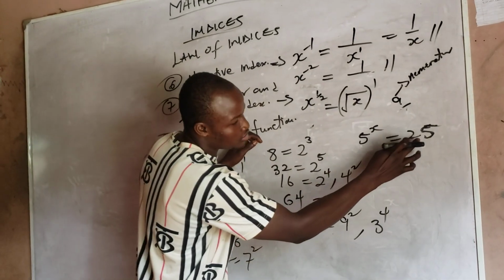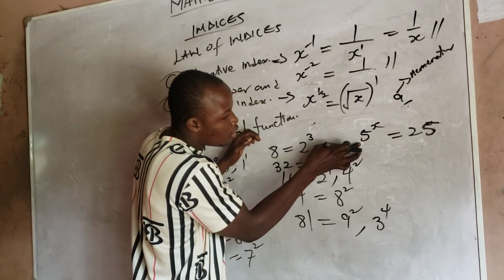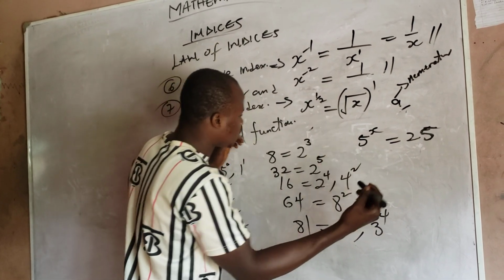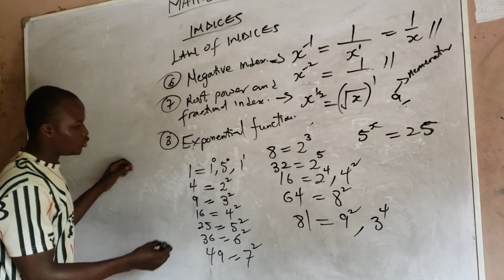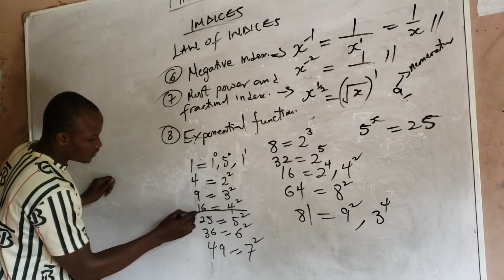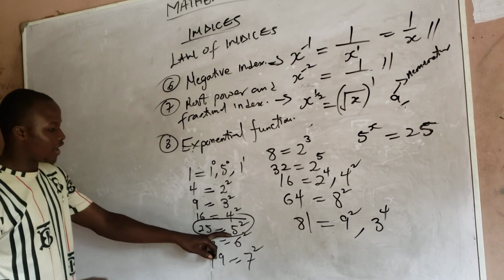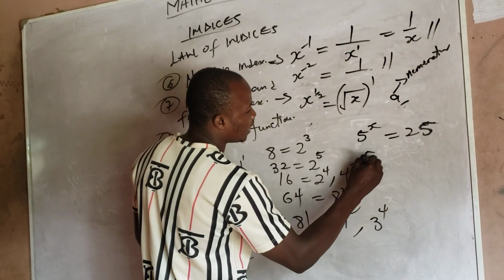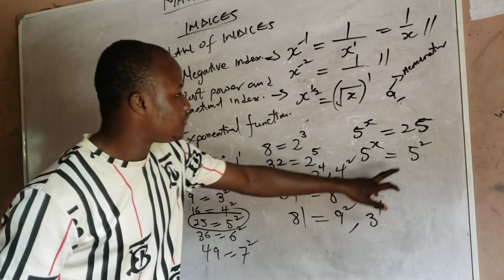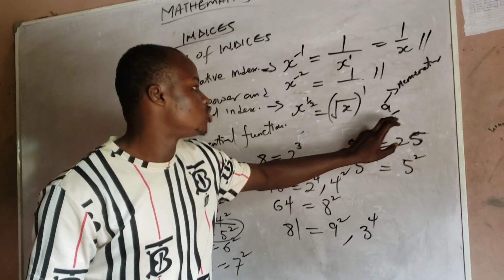So what can you do to 25 to make it equal with 5, the base at the left hand side? What you can do is to find the index form of 25, which is 5 raised to the power of 2. So 5 raised to the power of x is equal to 5 raised to the power of 2, because 5 raised to the power of 2 is the same thing as 25.